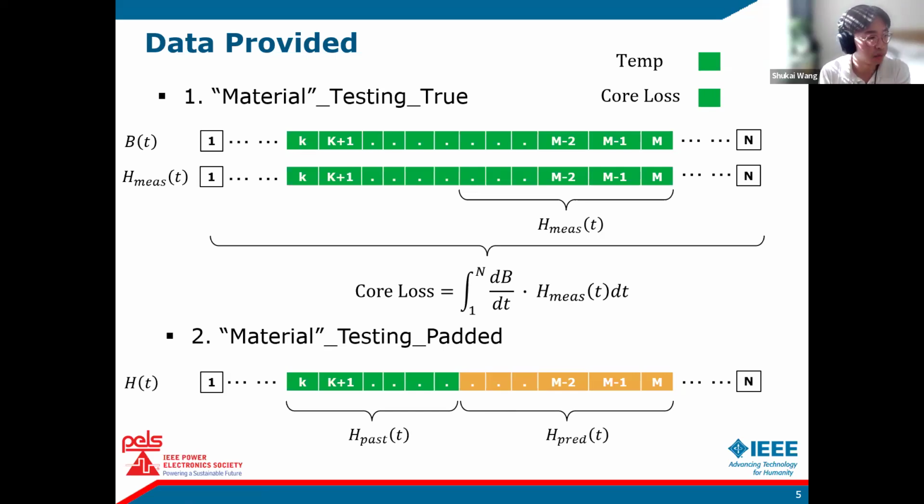So the testing padded is the one you will use for the H sequence for your model to use that known information to predict the unknown. And then you use that predicted value to compare with the measurement H, which is shown in the other file, the testing true file.